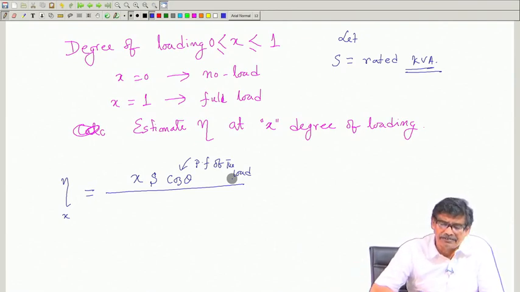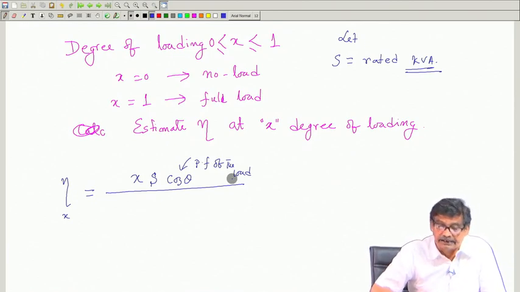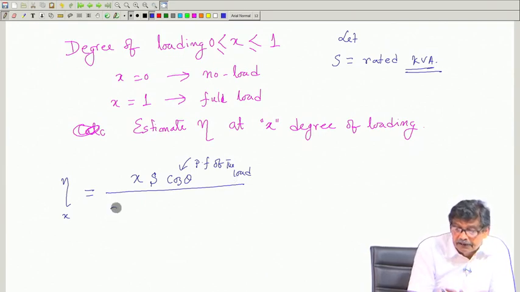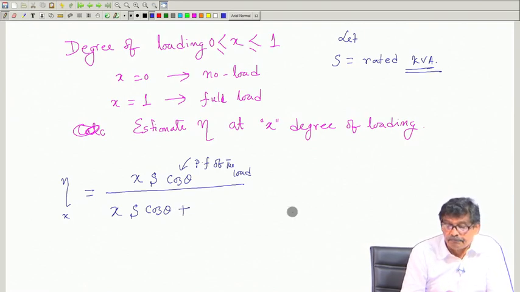Suppose the transformer is supplying x times the rated kVA to a load having a power factor of cos theta on the secondary side. So, this is the output, divided by x S cos theta, the output, plus the losses.